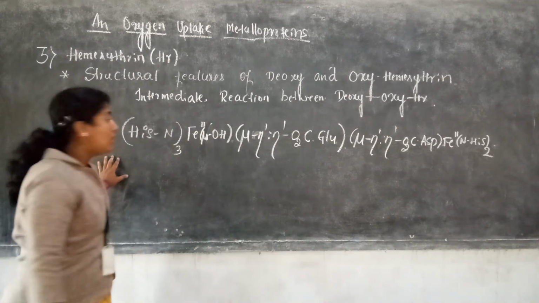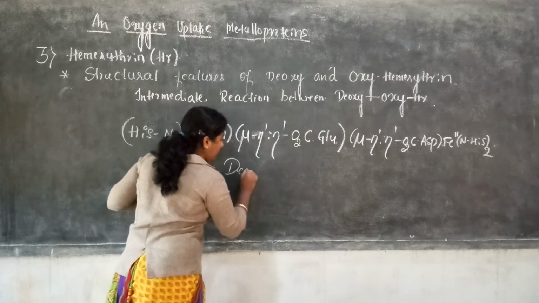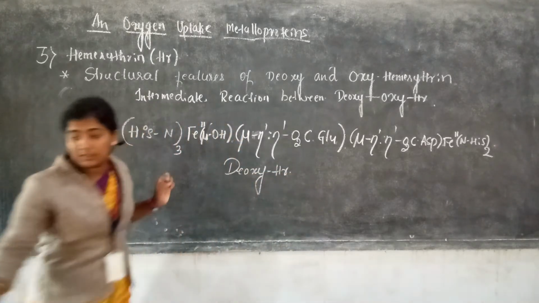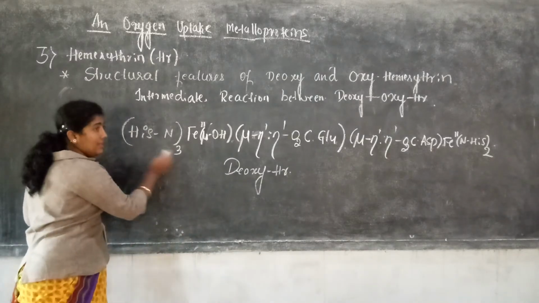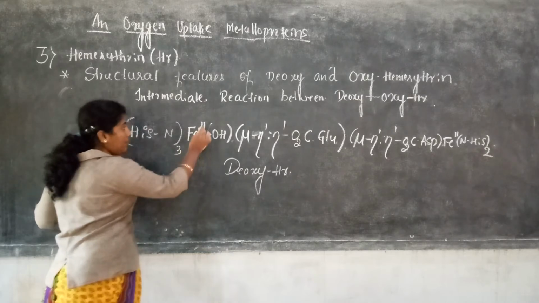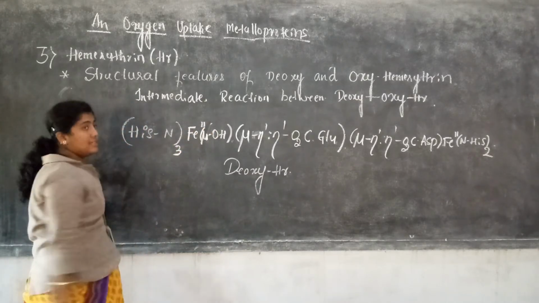Here is the structural representation of the deoxy form of hemerythrin. In the first iron center, in the +2 oxidation state, the iron is coordinated to three histidine sites.